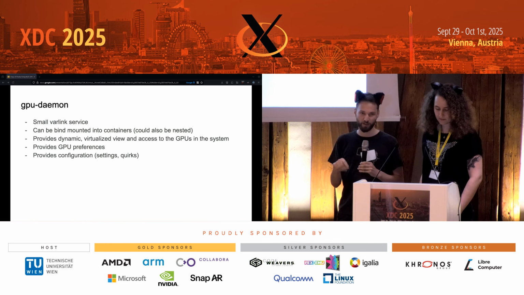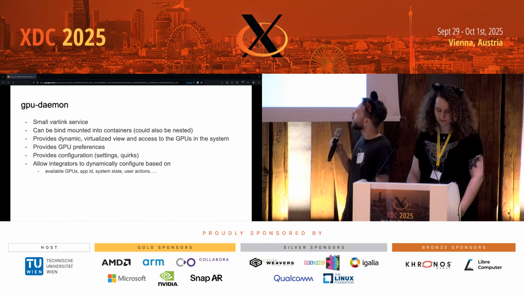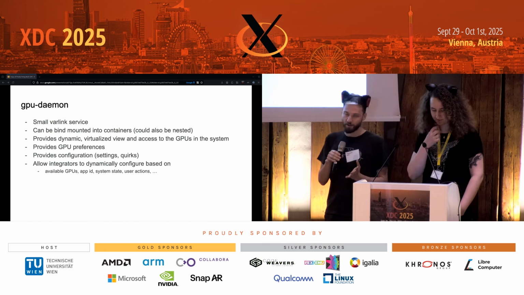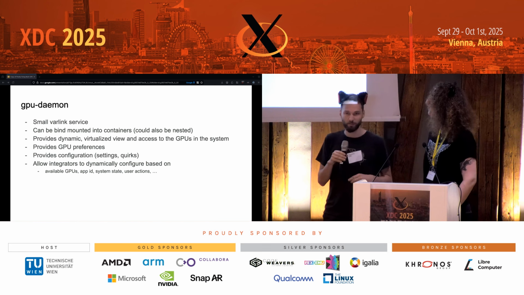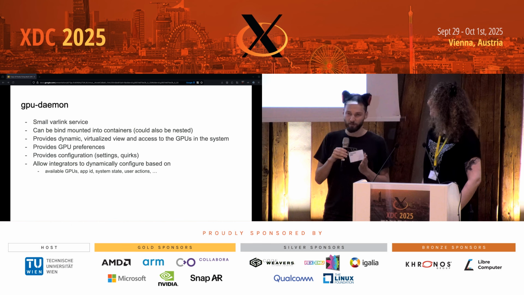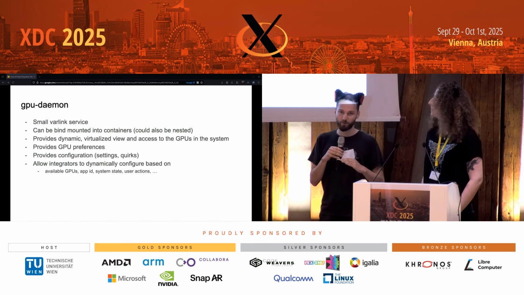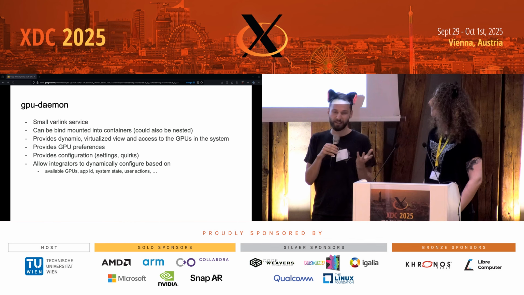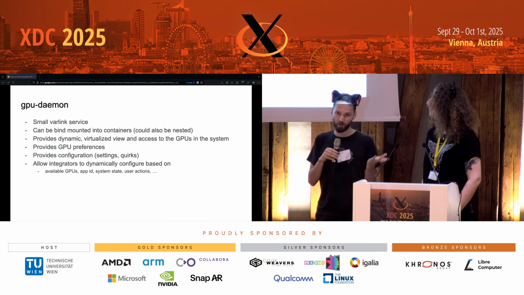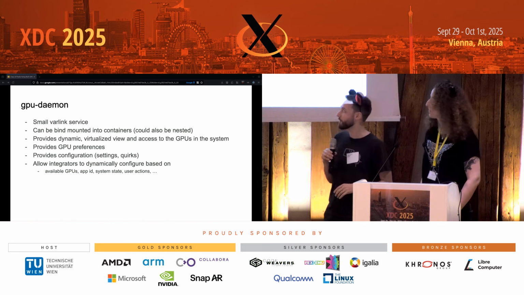It's all coming from this one socket. We also want to provide the preferences of the GPU, and do so dynamically, which means that the list of preferences should be coming from there, but also whenever the user or the system does something, for example, goes into a power saving mode, it should maybe change the list of the preferences of the GPUs.